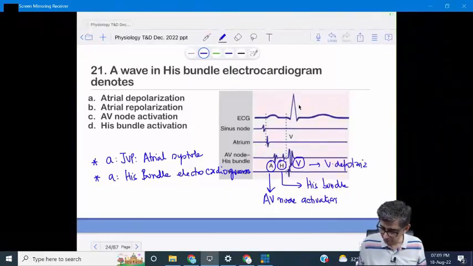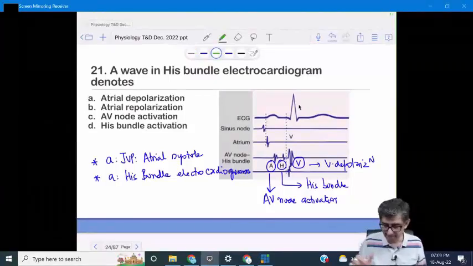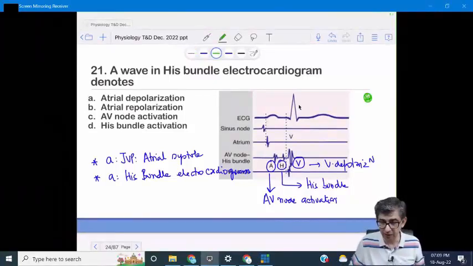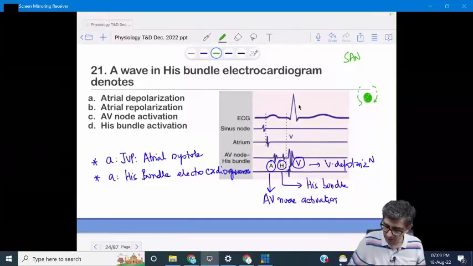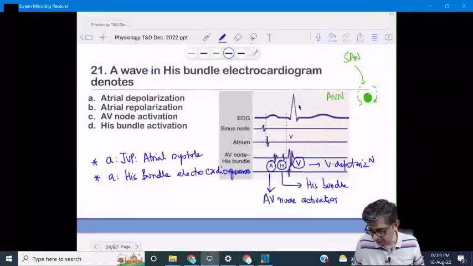This is what I'm saying. This is the AV node of the patient. The current of the SA node will go across the 2 sides of the AV node. Then it will enter into the bundle of His. The bundle of His will have 2 fascicles, the left and the right.